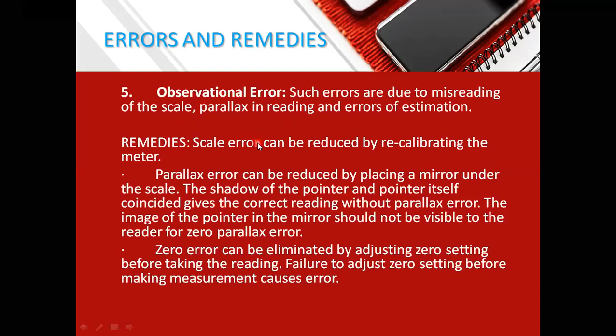Misreading means, suppose there is a multi-range instrument and we have the instrument from 0 to 5 and also 10. There will be three terminals as we have discussed earlier. Say we have connected it from 0 and 10, but the person taking the reading is seeing only 0 to 5 reading, if he is not multiplying it with a multiplication factor.